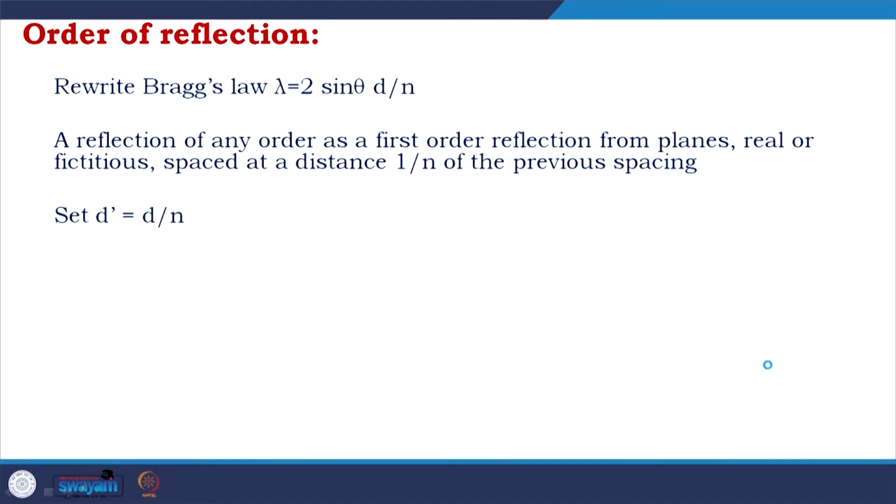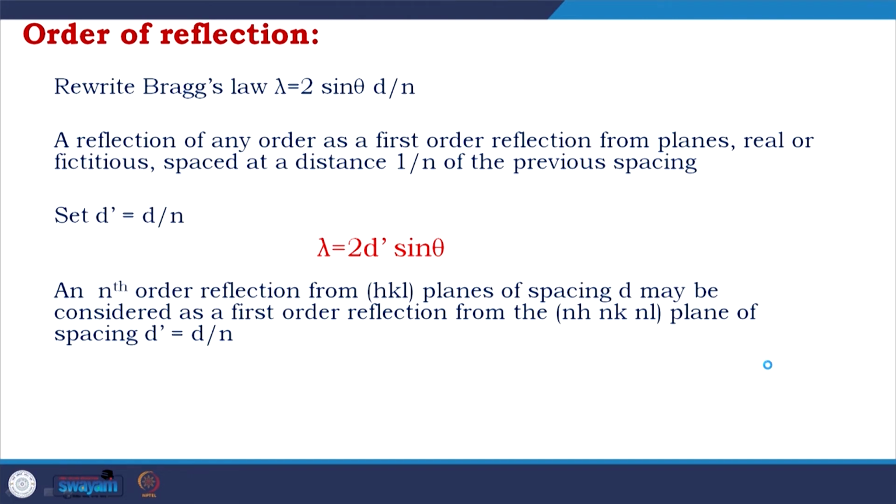If we consider that as d prime, that is equal to d by n. So, lambda equal to 2 d prime sin theta. An nth order reflection from hkl planes of spacing d may be considered as a first order reflection from the nh, nk, nl plane of spacing d prime equal to d by n.